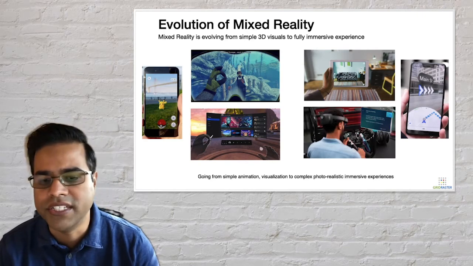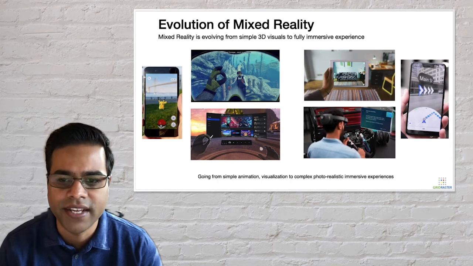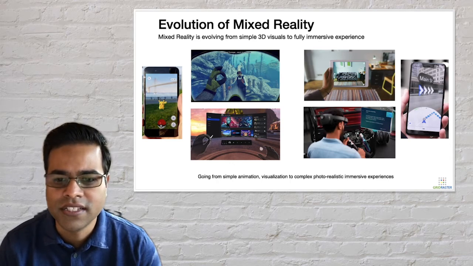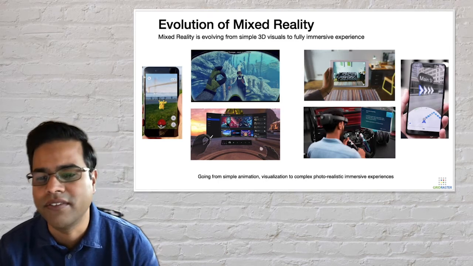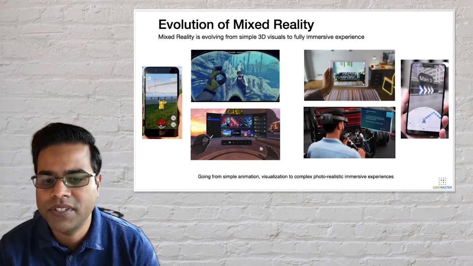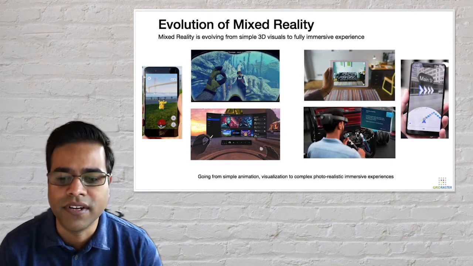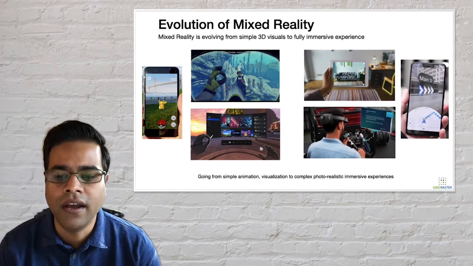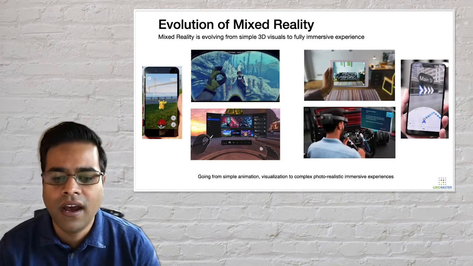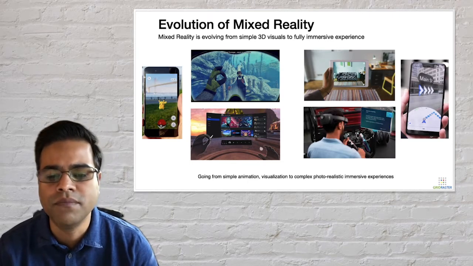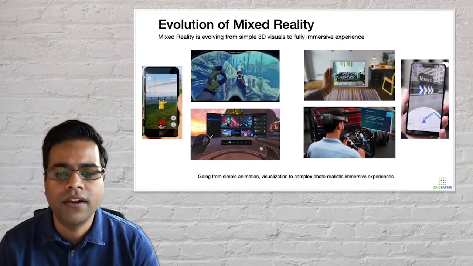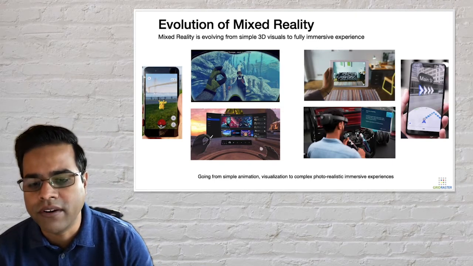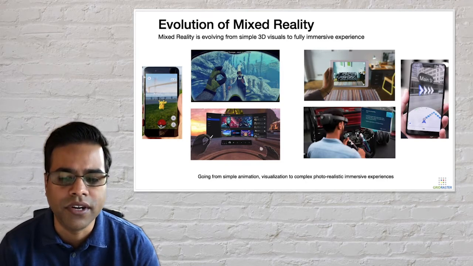On the right, you see some examples of mixed reality experience on a tablet where someone is placing a piece of furniture using the IKEA app or getting directions using Google Maps, or in enterprise use cases where someone is getting work instructions using the Microsoft HoloLens. So we've moved from simple animation for simplistic video games to rather complex photorealistic rendering on devices for immersive experiences.